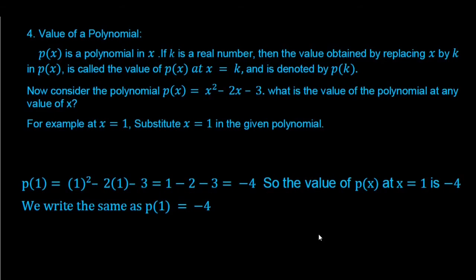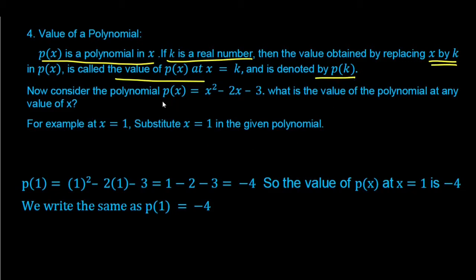Now, what is the value of a polynomial? When p of x is a polynomial in variable x and k is a real number, then the value obtained by replacing x by k in p of x is called value of p of x at x equal to k. We denote it by p of k.